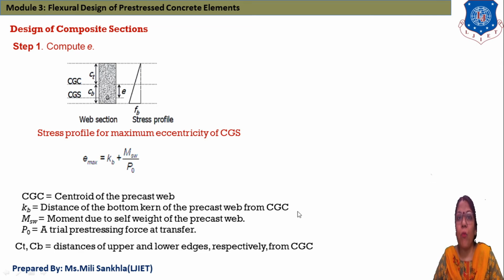M_SW is the moment due to self-weight of the precast web. P0 is the trial prestressing force at transfer for the precast web. Ct and Cb are the distances of the upper and lower edges respectively from the CGC of our precast web.